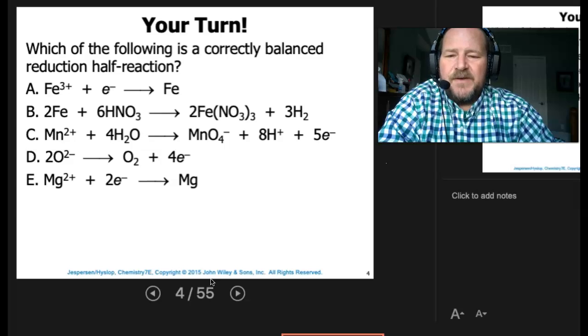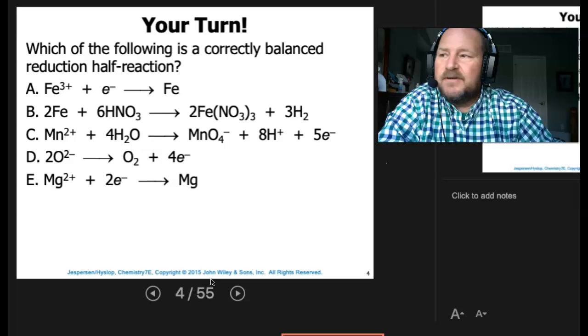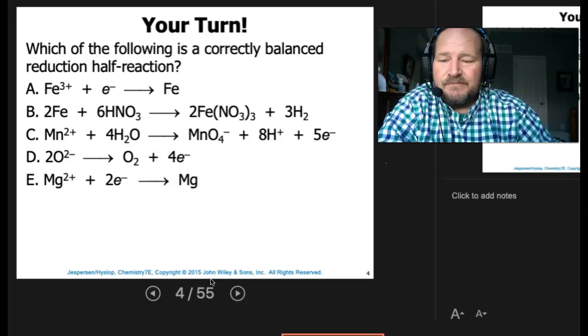Which of the following is a correctly balanced reduction half reaction? So, a reduction half reaction. Here we have Fe3 plus and an electron going to Fe. That's not balanced, because the charges are not correct. Then we have 2Fe going to 2Fe3 plus. That's oxidation, not reduction.